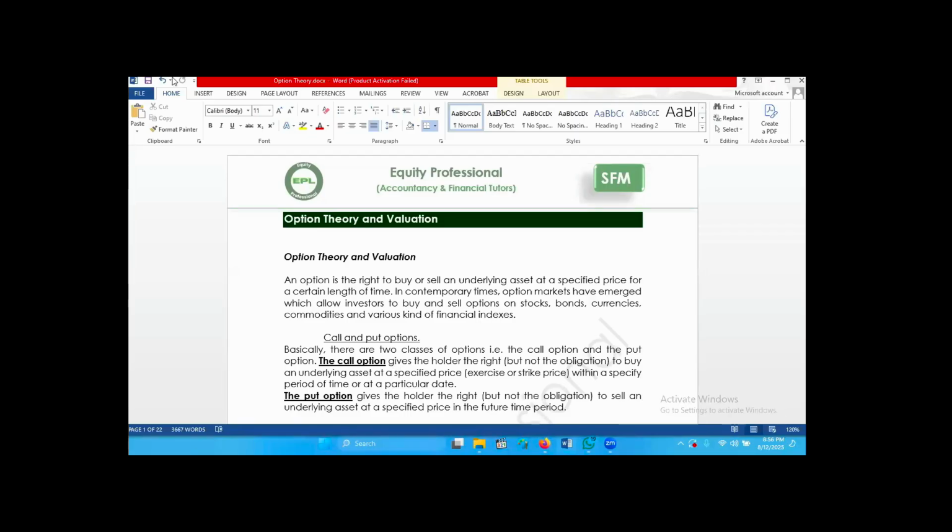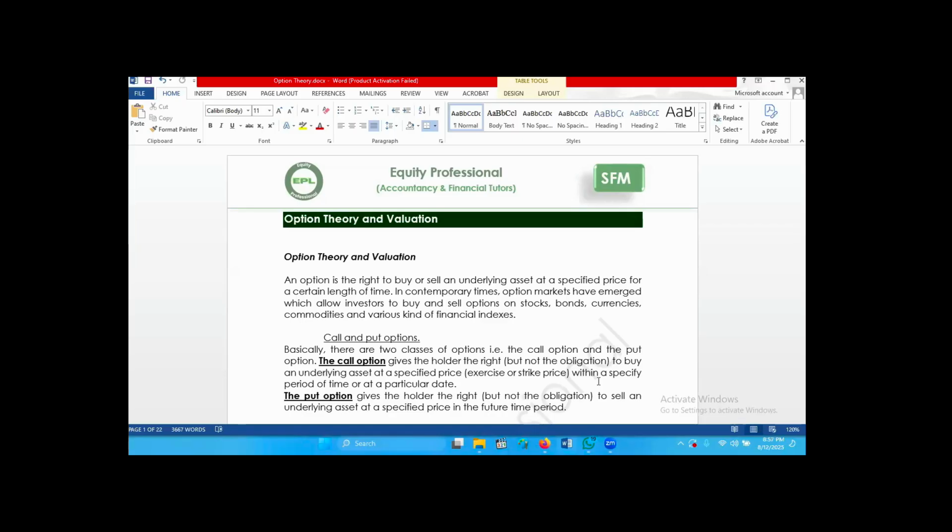There are two classes of option. One is the call option. The other is the put option. The call option is the right to buy an asset.